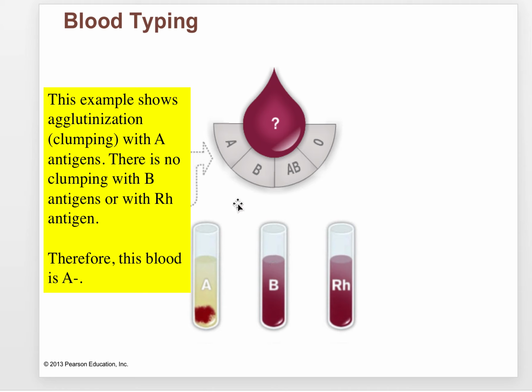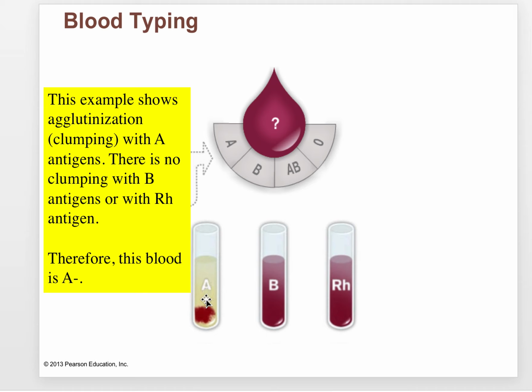So when you mix this blood in with each of these test tubes, in this case, this blood mixes with A, and it clumps together and settles down. Since it clumps together, that means antigen A has reacted to anti-A antibodies.